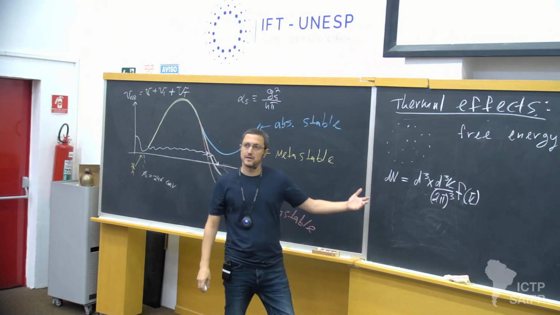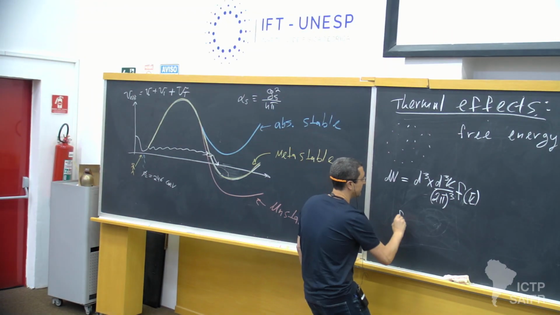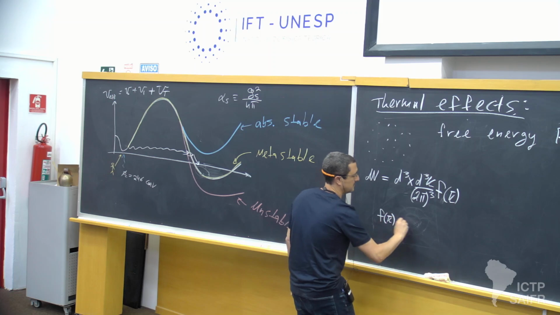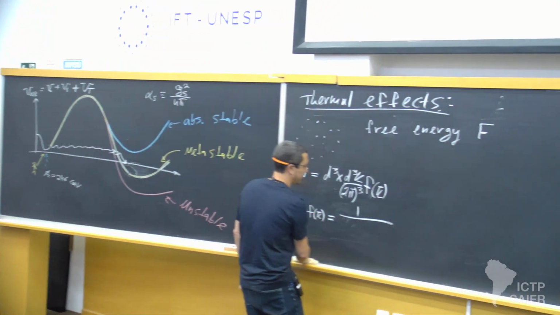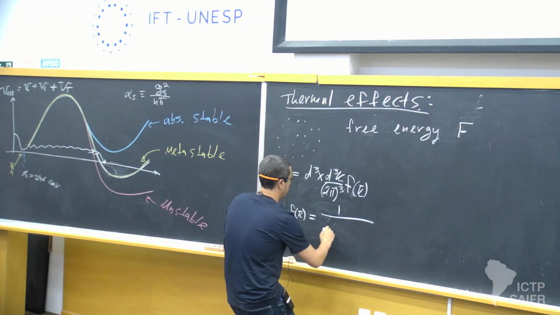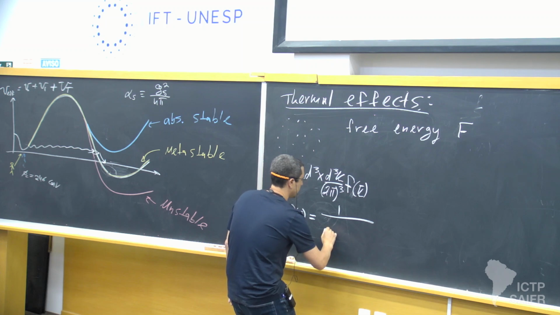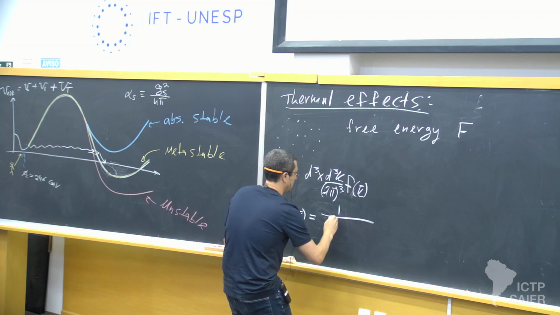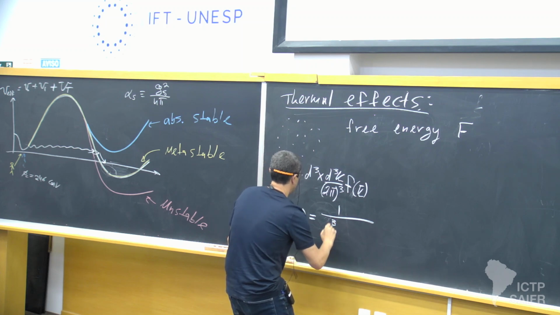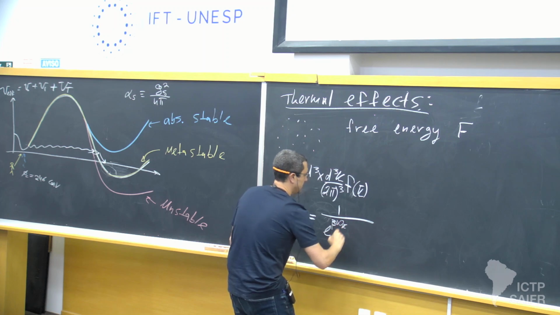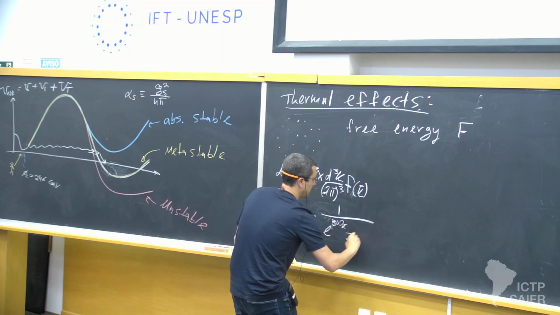If the system is in a thermal distribution, then this f(k) is just the Bose-Einstein or Fermi-Dirac distribution. So it will be 1 over e^(βω_k) minus or plus 1.